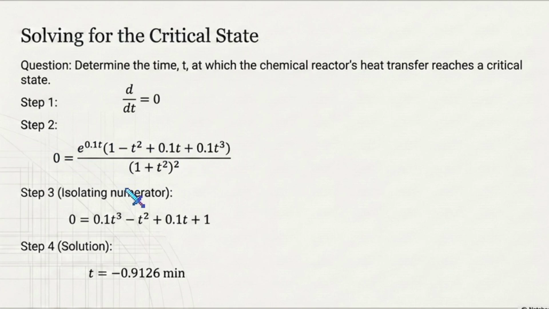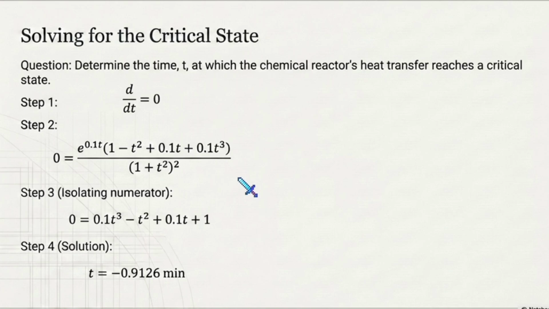The equation consists of three main parts: the exponential function, the numerator, and the denominator. To solve this equation, we need to analyze each part. The exponential term, e raised to the power of 0.1t, is always positive. The denominator, (1 plus t²) squared, also cannot become 0.